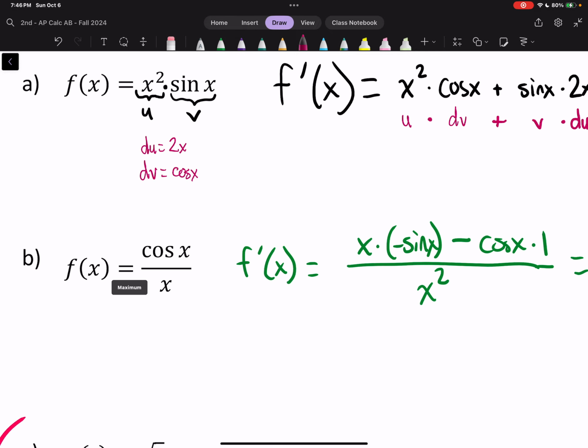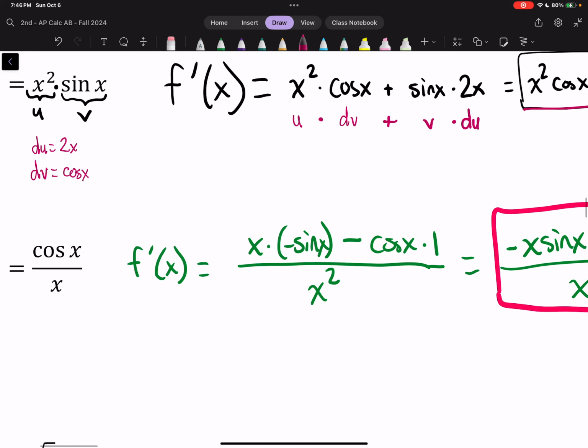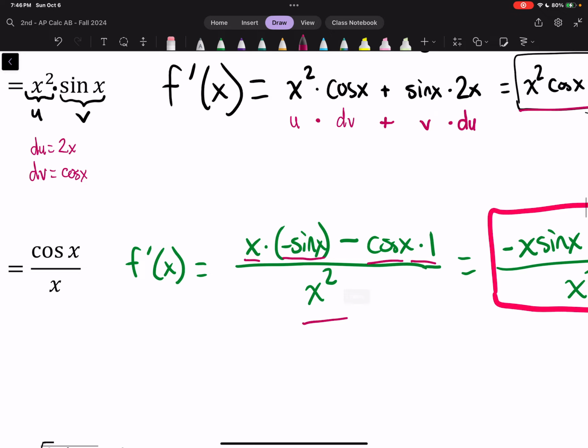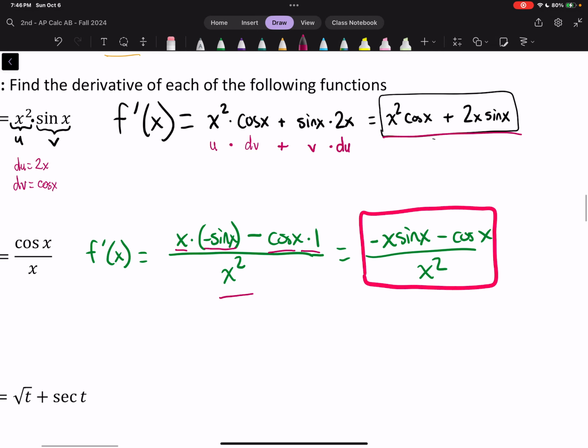Okay, part B, we've got a quotient. We've got cosine of x over x. We want to find this derivative. It's already a quotient, so let's use our quotient rule. So low d high minus high d low, all over low squared. Again, we're just folding our new shortcuts for derivatives of trig functions into the rest of the rules that we already know.